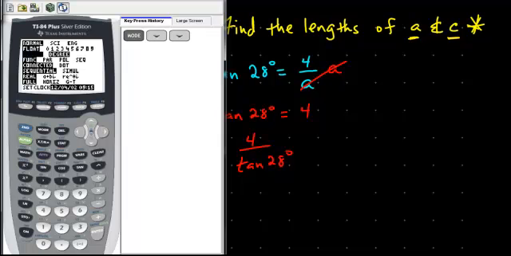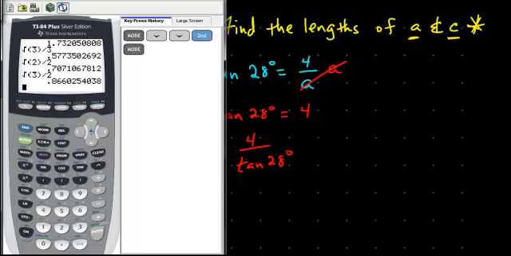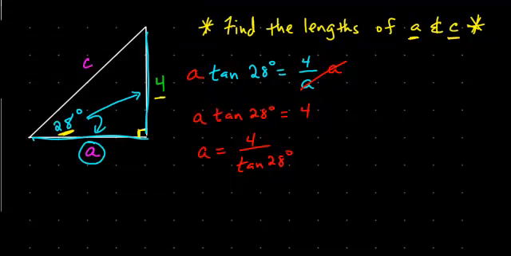So yes, we are in degree mode. 4 divided by the tangent of 28 degrees, and let's hit enter, and we get 7.523. 3 decimal places should be good enough for backyard carpentry.